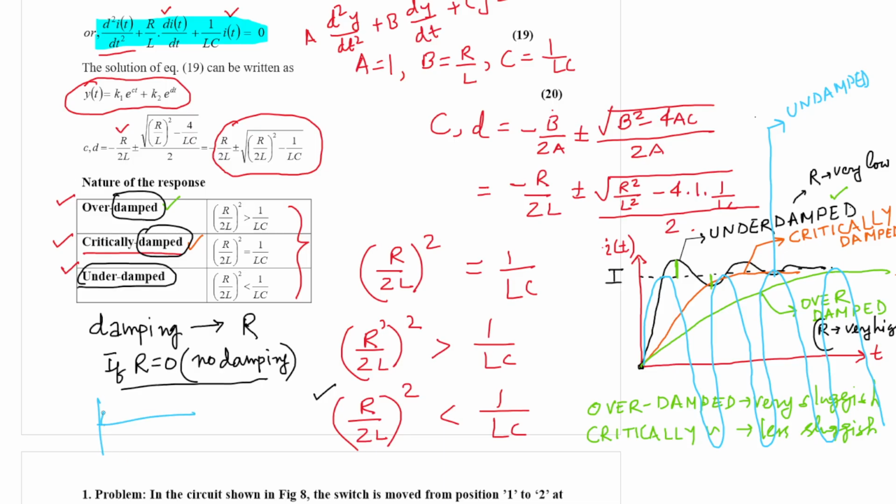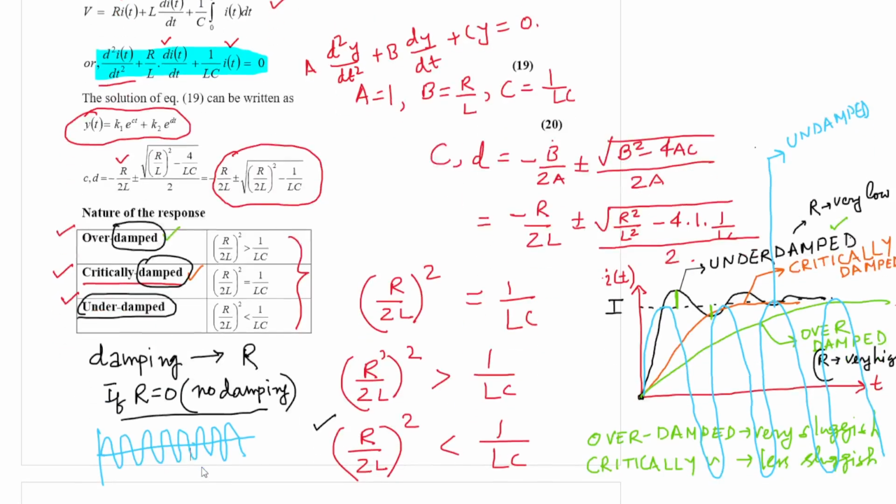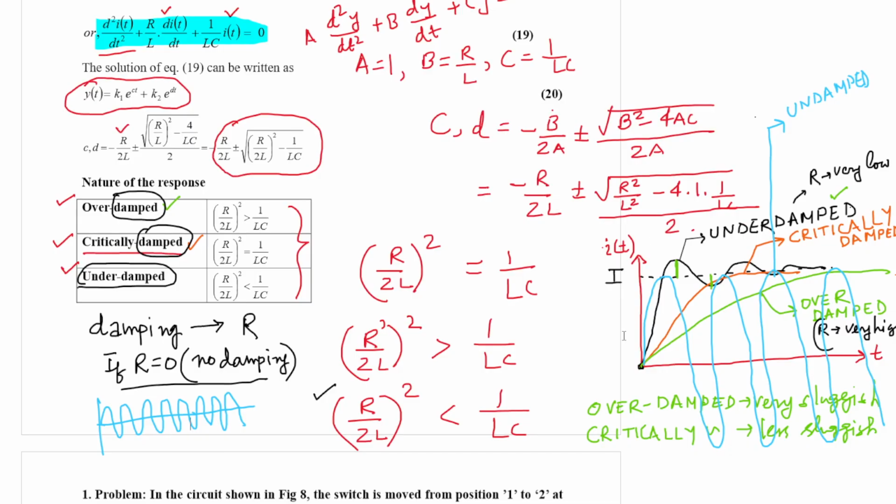It stays for a long time, t equal to infinity. Neither will the intensity increase nor decrease, because R is 0. There is no one to damp that oscillation. Damping means to weaken. So we have understood that there are 4 types of responses.